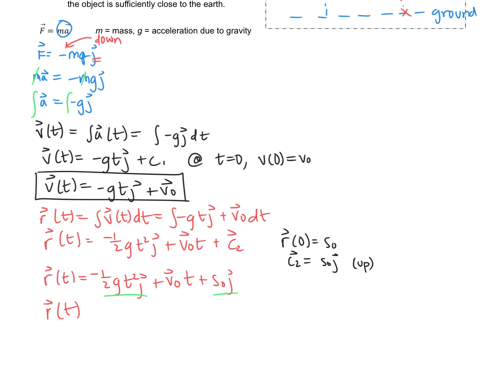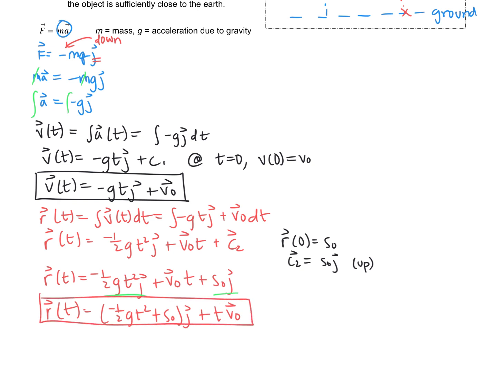So what you're often going to see is negative 1/2 gt squared, add s sub naught times j plus t times v naught. Okay, so the question then becomes, how do we express this v sub naught? How do we express that?